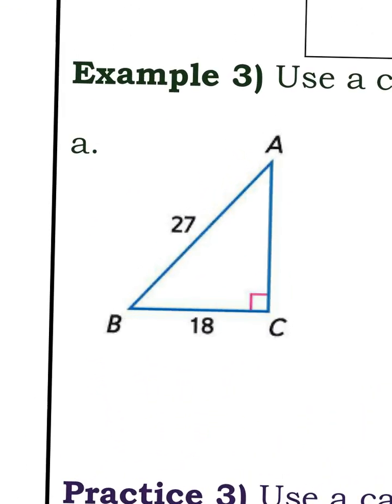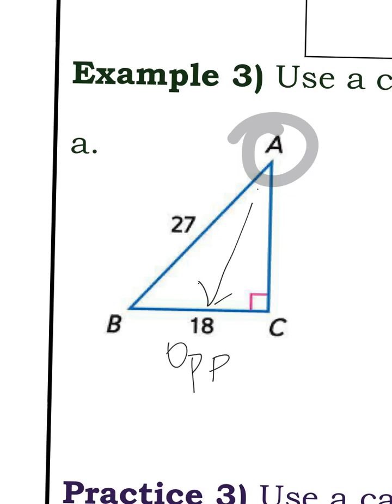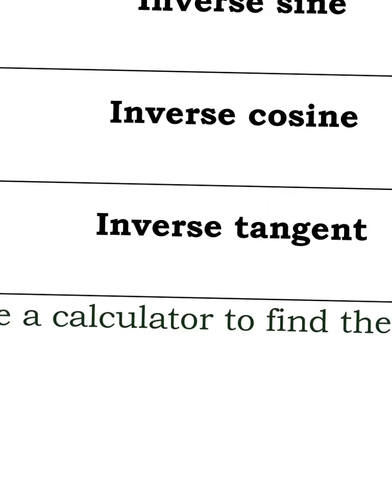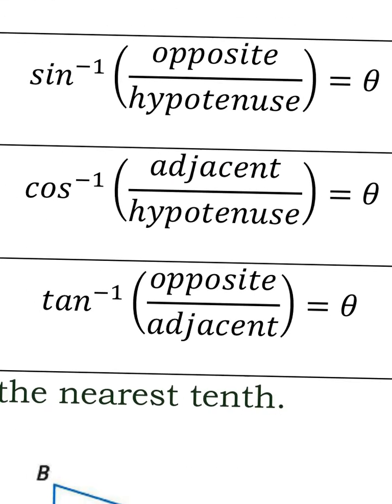Okay, so the directions say you're looking for angle A. Looking from angle A, 18 is the opposite side because it's not touching it. It is completely across from it. And 27 is across from the right angle, so it's the hypotenuse. So the one that uses the opposite and the hypotenuse is sine.